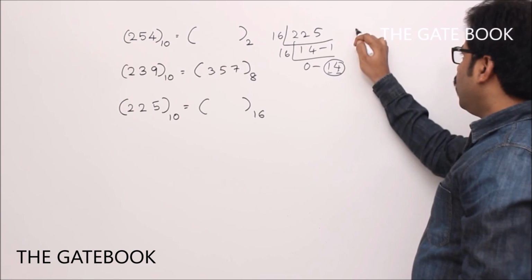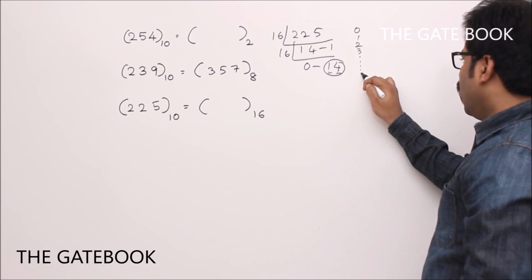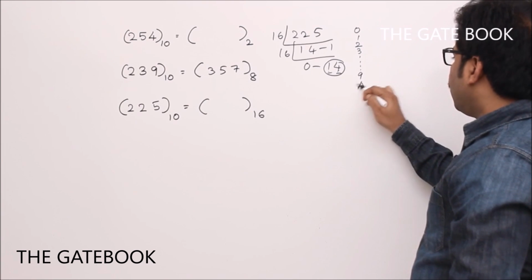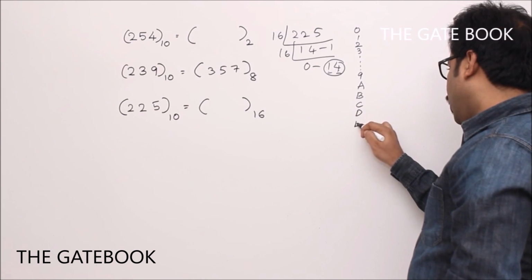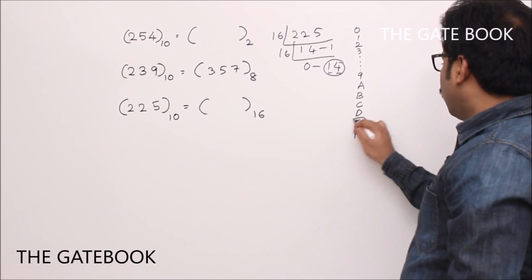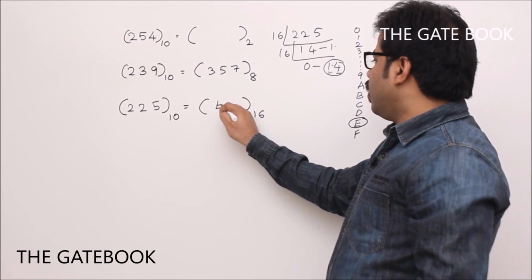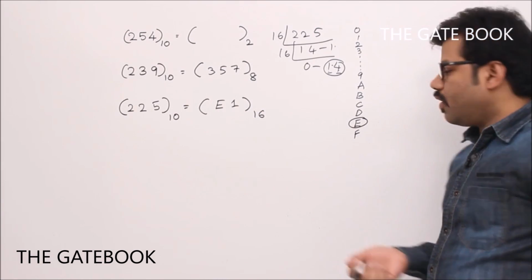That's why the digits in hexadecimal are 0 1 2 3 up to 9. Then to avoid the confusion, we use A rather than 10, okay? Then 11, 12, 13, 14, right, up to 15. So 14 is E. So it would be E1. In that way we can convert from decimal to hexadecimal.